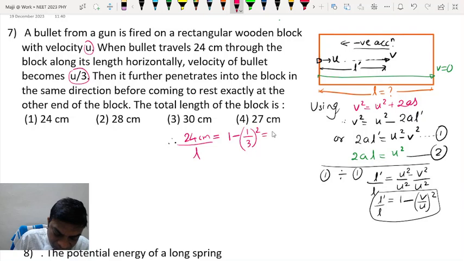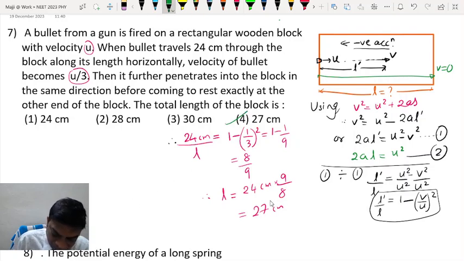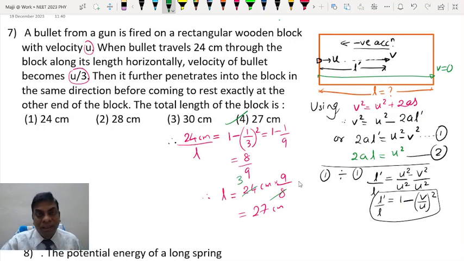So this will be 1 minus 1 by 9, that is 8 by 9. So cross multiplying, you get L is equal to 24 cm into 9 by 8. So this is 27 centimeters. So the correct option is the fourth option. 8 3s are 24, 3 9s are 27. I hope that is clear, students.